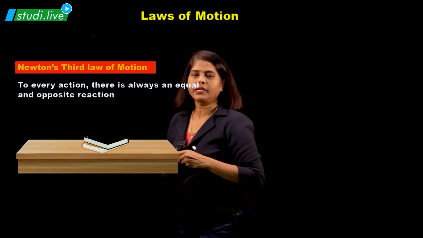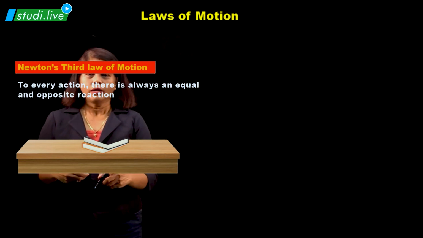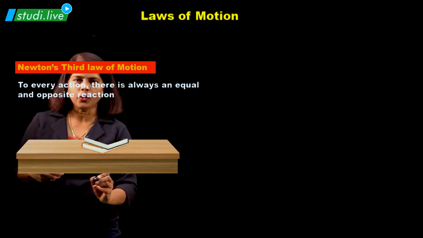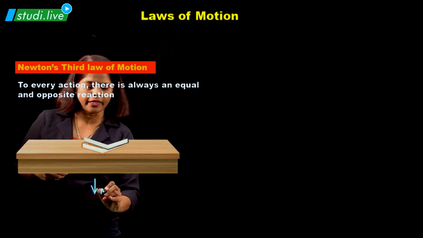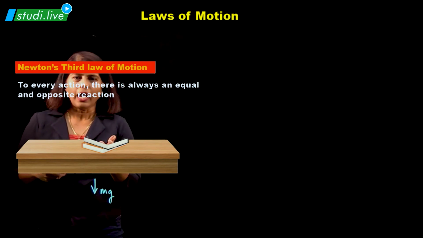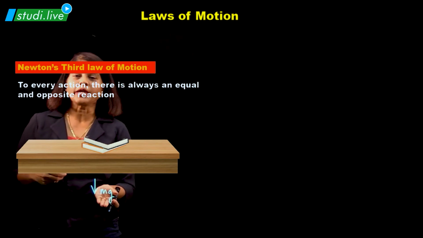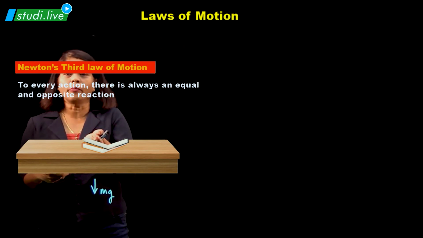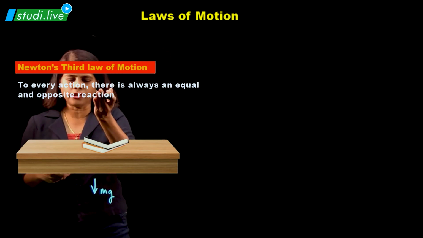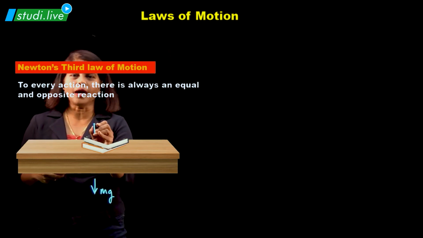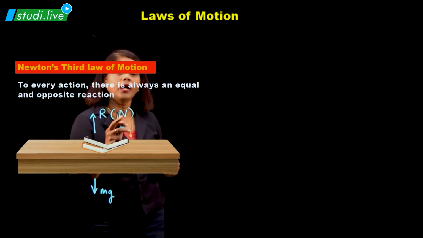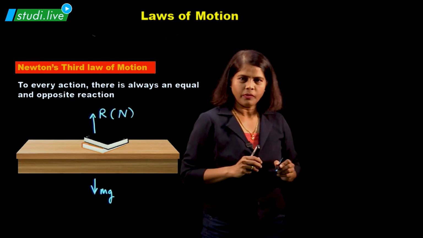Now how does it act? We can see that the weight of the book is acting in the downward direction, and the weight of the book is mg. In the upward direction is the normal force, that is the reaction force, represented by N. Right, students?